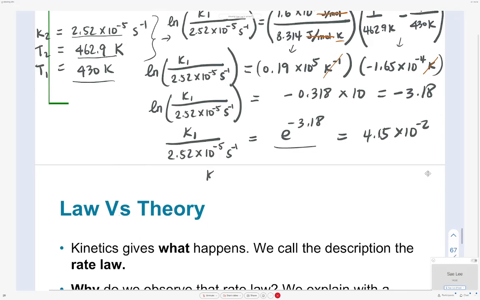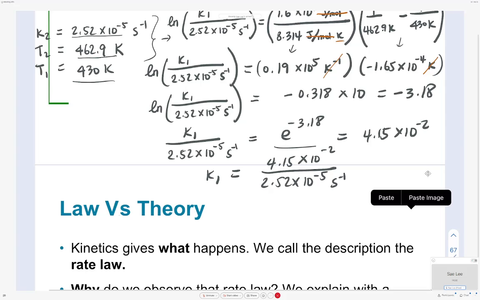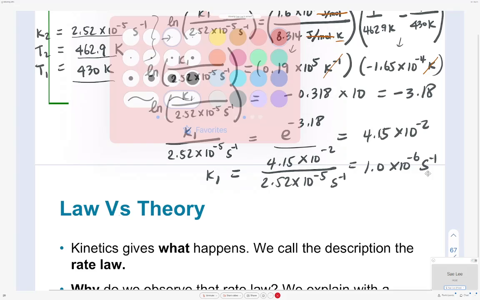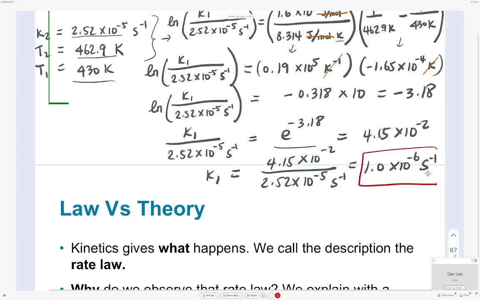Then we can easily find K1, which is 4.15 times 10 to the negative 2 divided by 2.52 times 10 to the negative 5 inverse second equals 1.0 times 10 to the negative 6 inverse second. This is going to be your final answer.